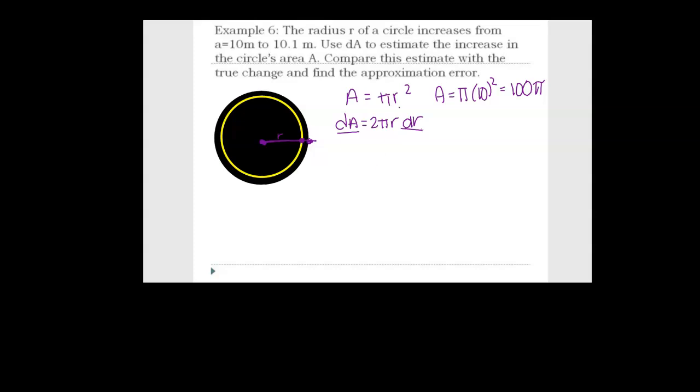So dA is now 2 pi. r originally is 10. How much is the radius changing by from 10 to 10.1? 0.1. So they didn't come outright and tell you dr this time. You needed to find dr, which is 0.1.